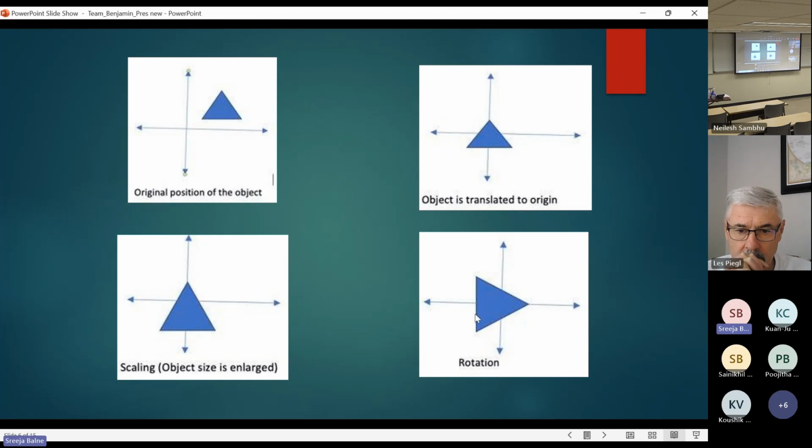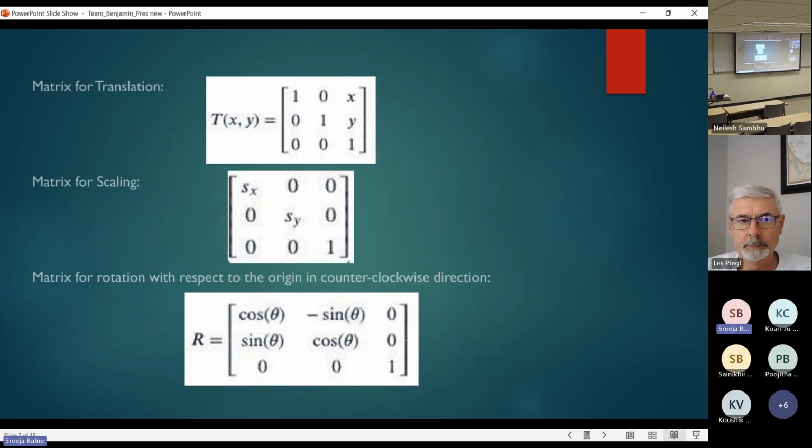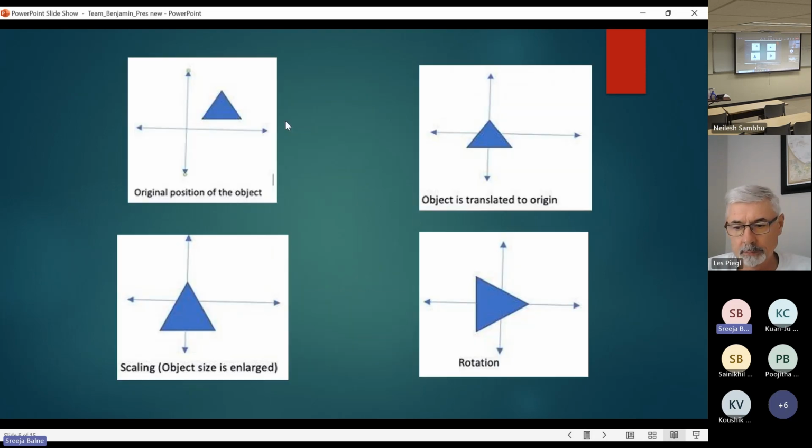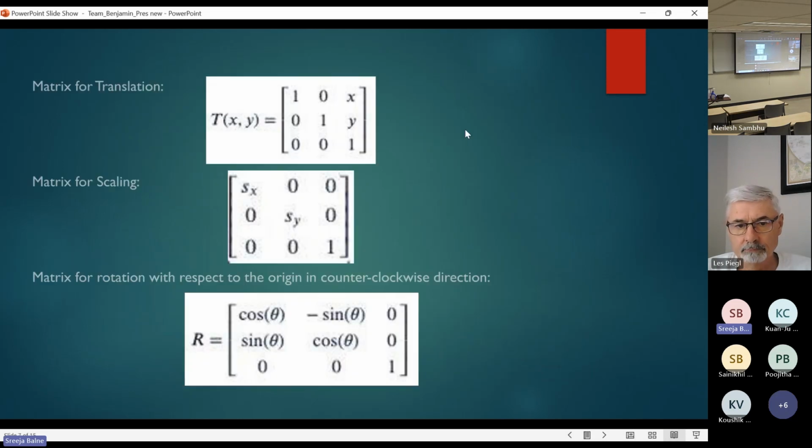And again, we need to shift this image to the original position using translation again. So the overall matrices will be of this form. We can see first we have performed translation here. For translation, the matrix would be in this form.